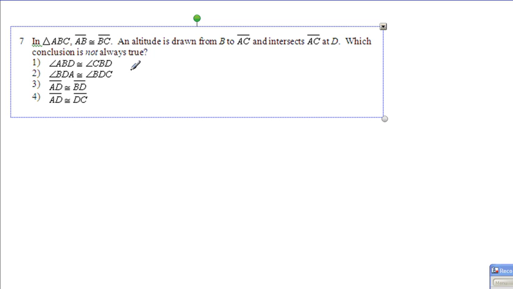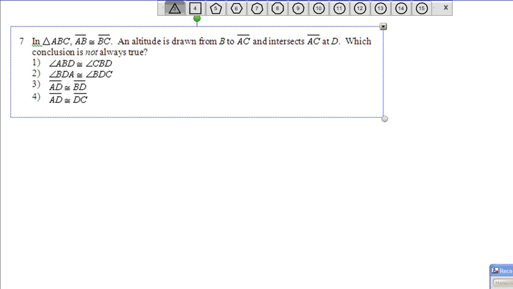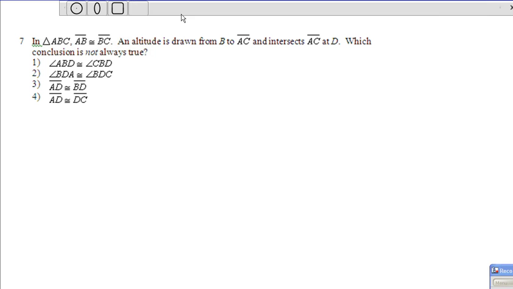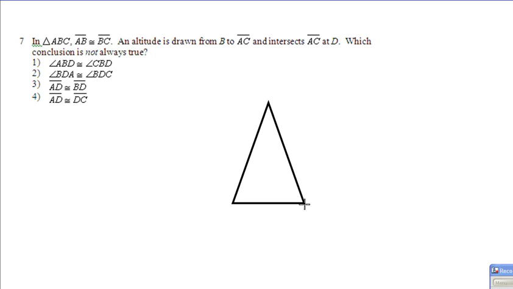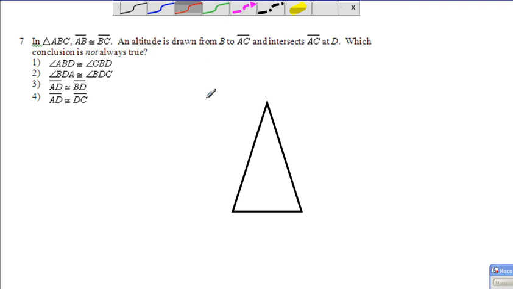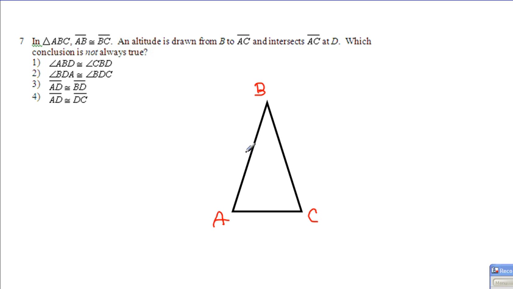Number 7 here. In the triangle, AB is in fact congruent to BC. That means I'm going to try to draw a triangle. I guess it would be better if it be some sort of an isosceles. So there it goes. We have B is the letter that has been repeated, so I'm going to put down B here, A here, and C here, where these two are equal to each other.